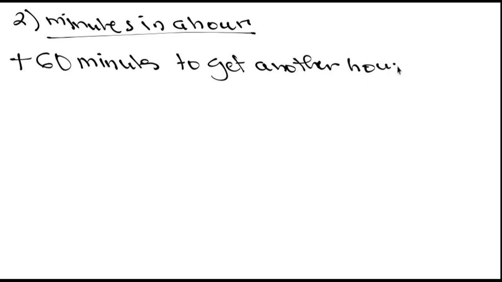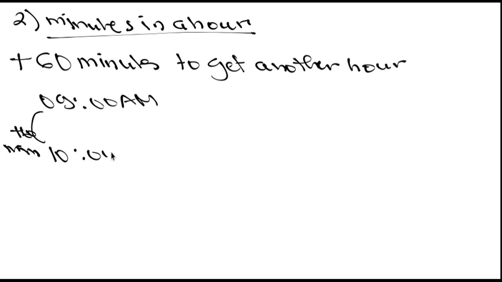To get another hour, you need to add 60 minutes. So if it's, for example, 9 a.m. and you add 60 minutes, you get 10 a.m., and so on and so forth.